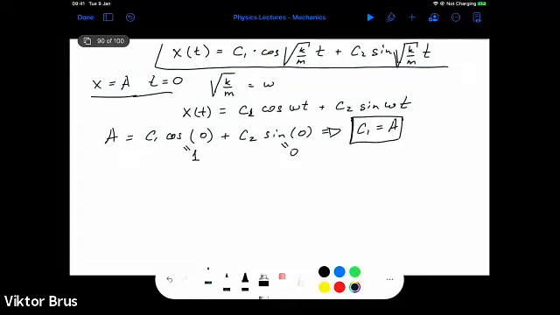That's why we can consider this fact as a second boundary condition. In this case, we claim that v is equal to dx over dt, and this is equal to 0. So let us take the first derivative over t from our equation for x as a function of t and set it to 0. That should help us to calculate the value for the second constant, C2.